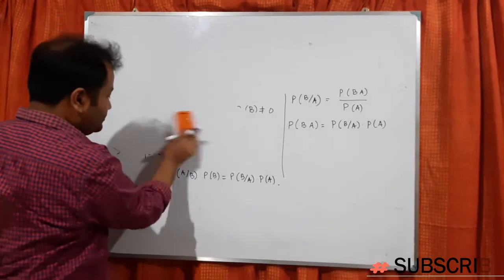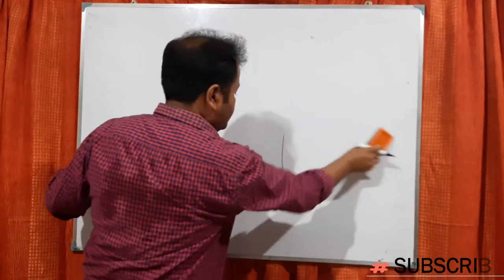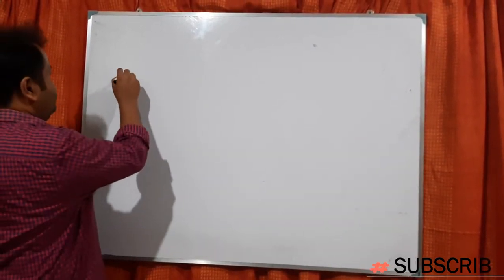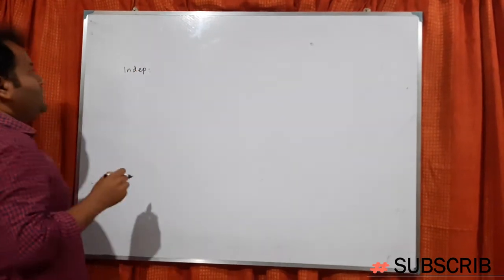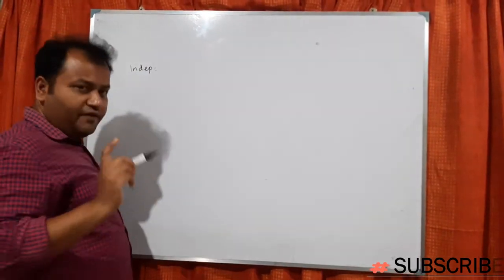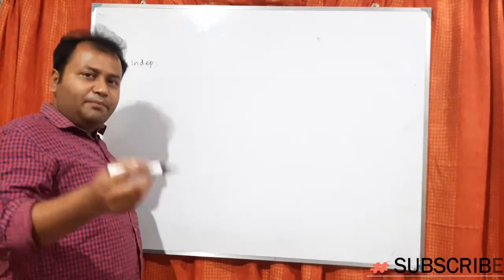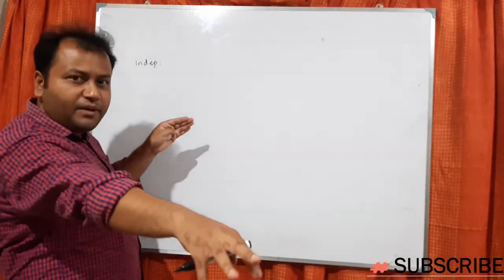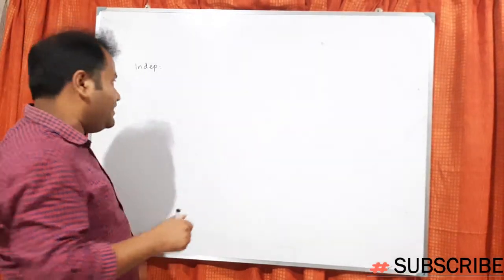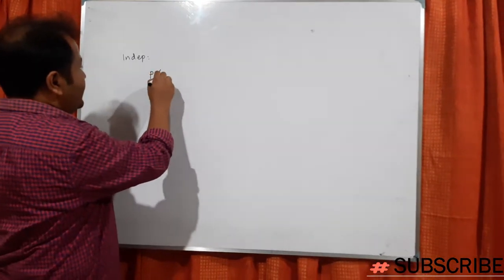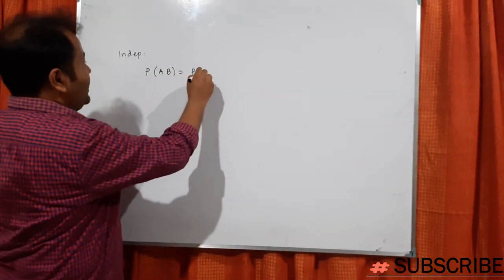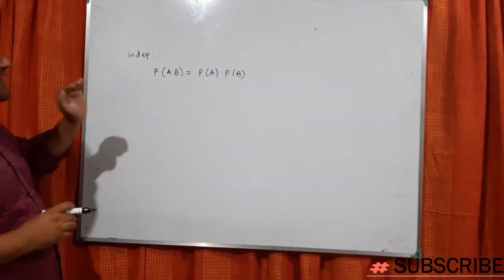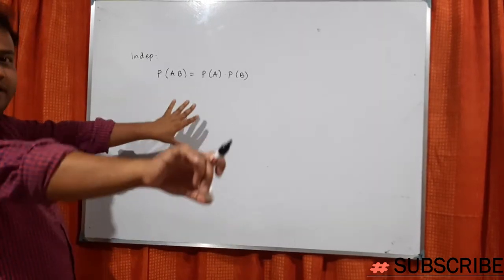Next, independent event. What is the meaning of independent event? Two events A and B will be independent if event A is not influencing event B and B is not influencing event A, that is P of AB will be P of A into P of B. If this is happening, then it is called independent event, that is A and B are purely independent.